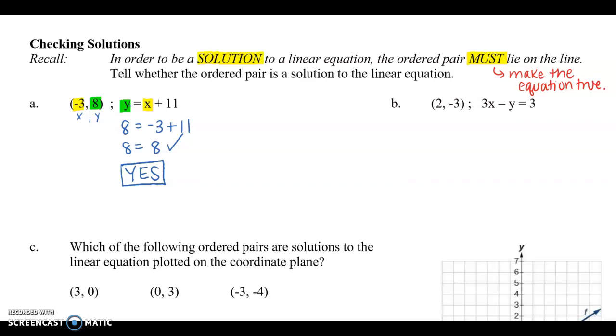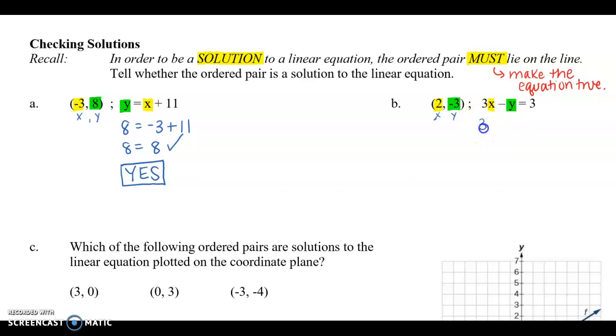If we look at example B, we're going to do the same thing. This is my x value, this is my y value. 2 is going to replace the x, and -3 is going to replace the y. What's important to note here is that the minus sign is part of the equation.